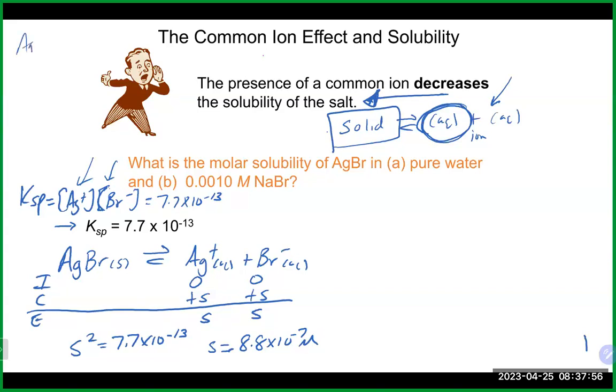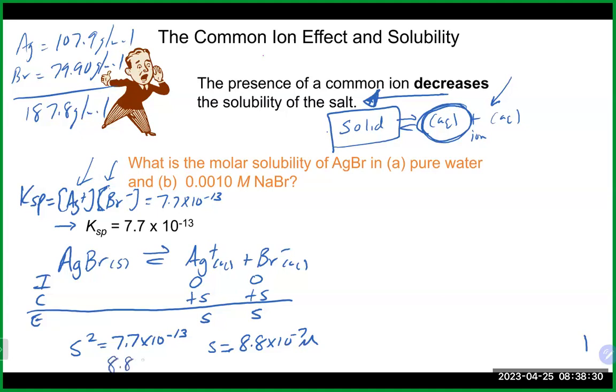Silver is 107.9, and our bromine is 79.90. If we add that together, we will end up with 187.8 grams per mole.